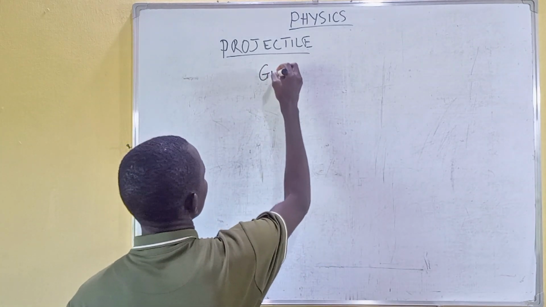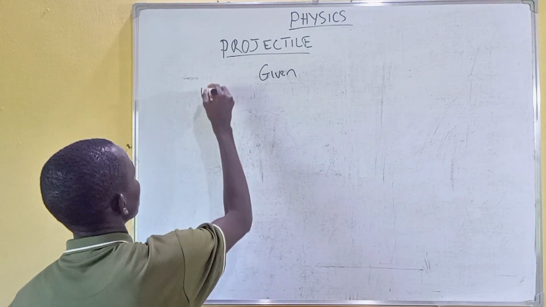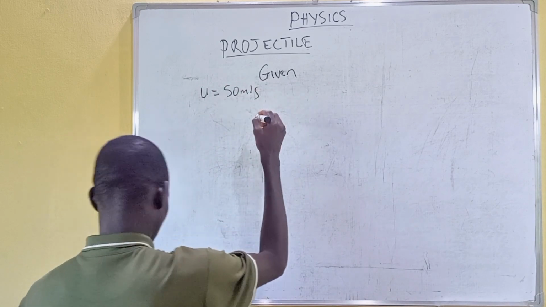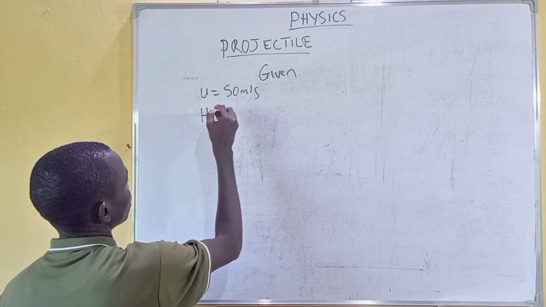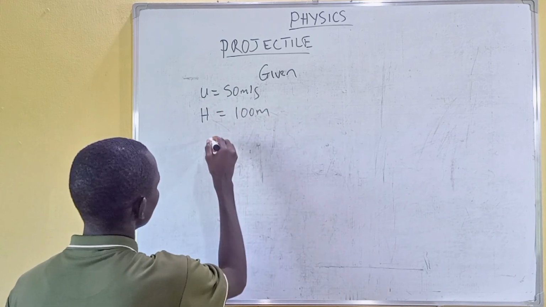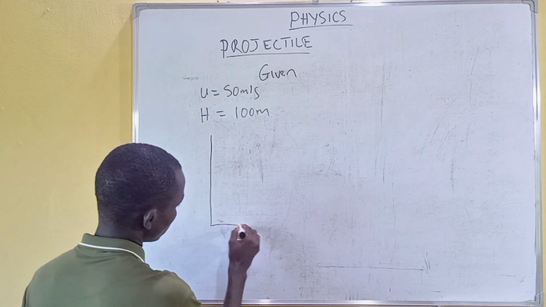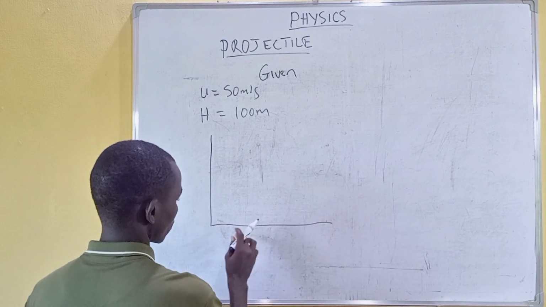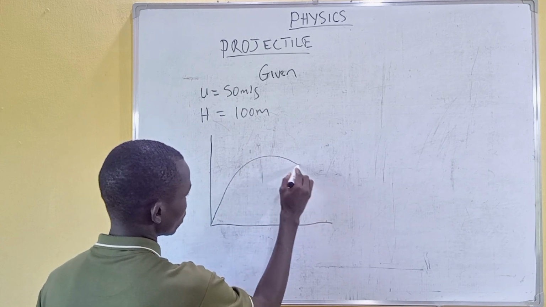We are given the initial velocity, which is 50 meters per second, and the height attained to be 100 meters. We are to draw this. Here is the vertical component, the horizontal component. Here is the path of the projection.